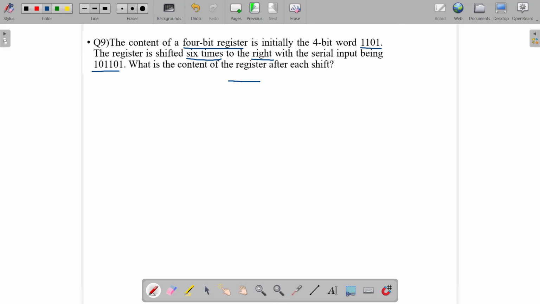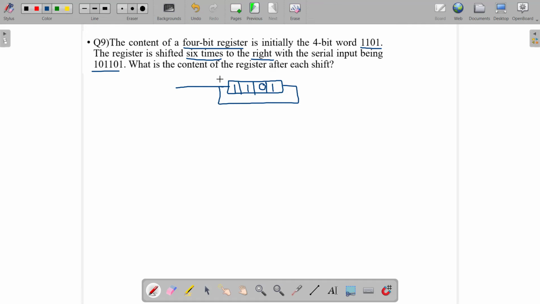Look at here. At the beginning, we have a 4-bit shift register. Inside of the shift register, we have 1, 1, 0, 1.